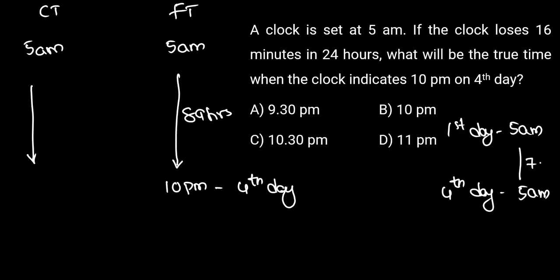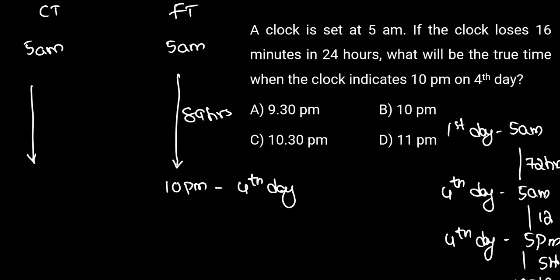Agreed with this at least? First to second, second to third, third to fourth. Then fourth day 5 p.m., 12 hours. So 72 plus 12, 84. Then 10 p.m. means still 5 hours. 89 hours.